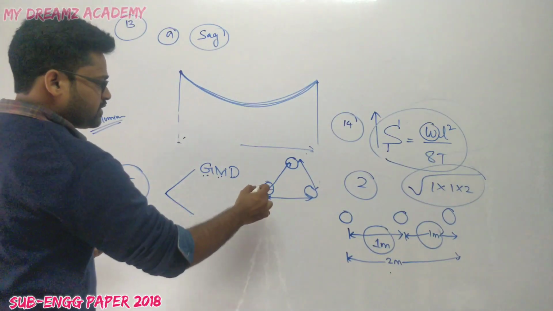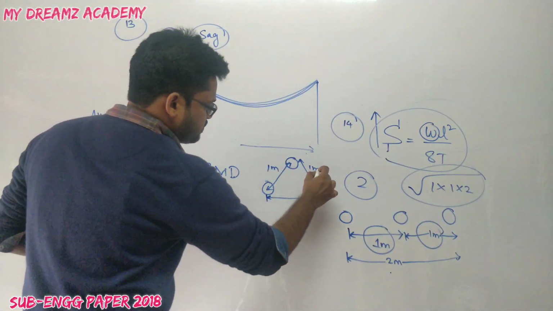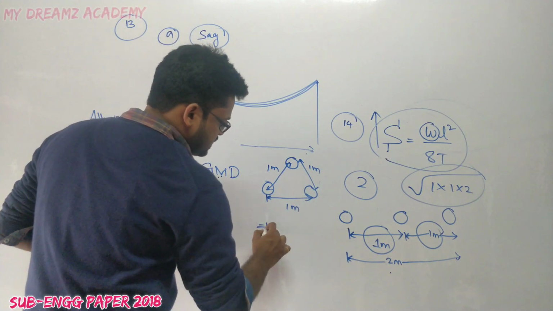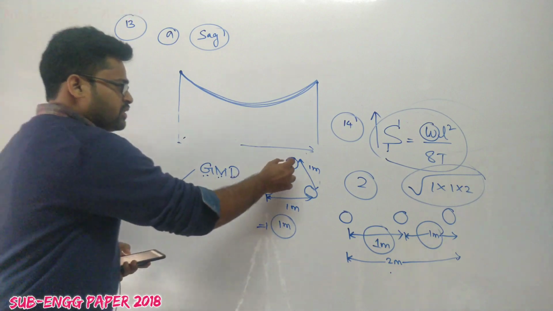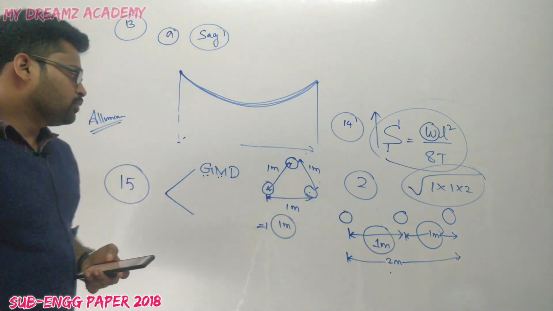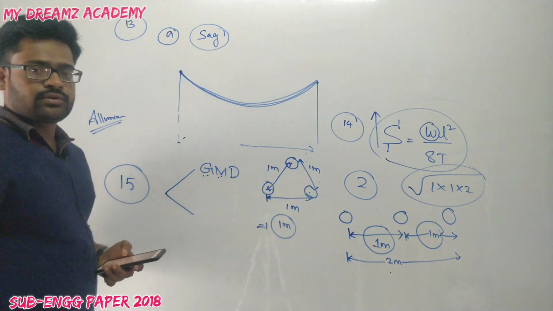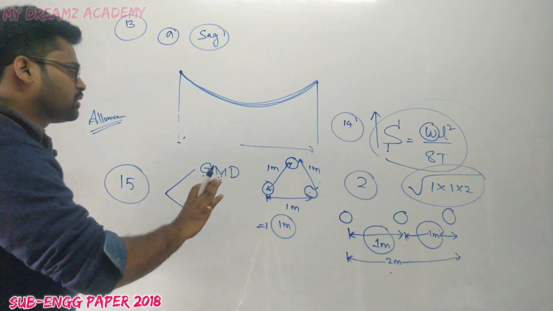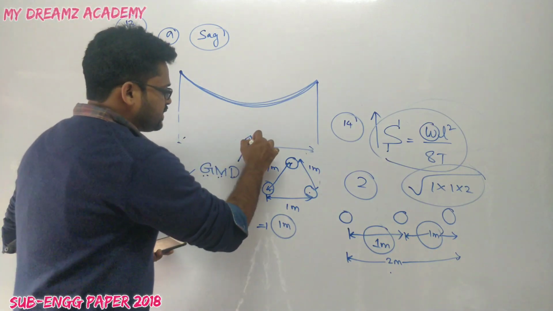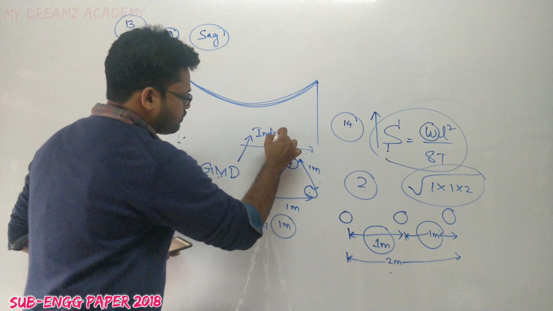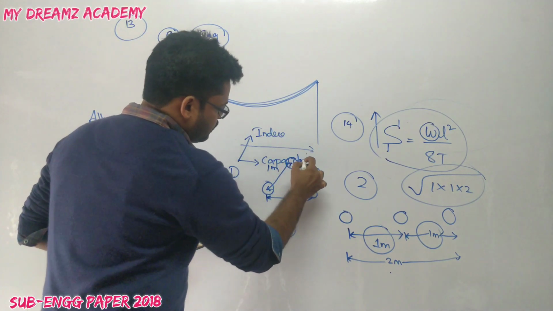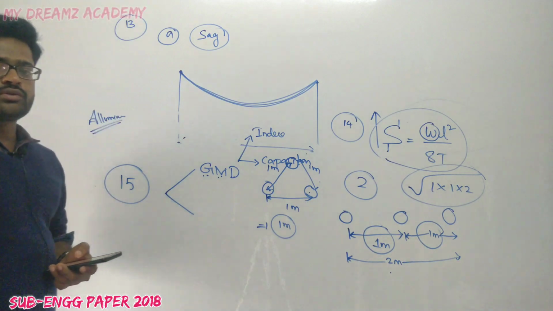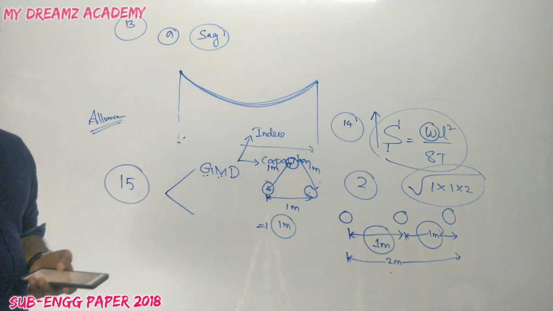For the triangular case, if the distance is 1 meter between all phases, the GMD is directly 1 meter. No need to calculate anything, because the distance between all the phases is the same. GMD calculation is useful for finding the inductance as well as the capacitance.